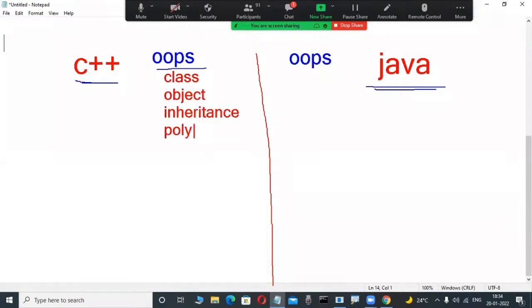The same applies in Java. What is class? What is object? What is inheritance? What is polymorphism? Conceptually, class, object, inheritance and polymorphism are the same in C++ and Java.